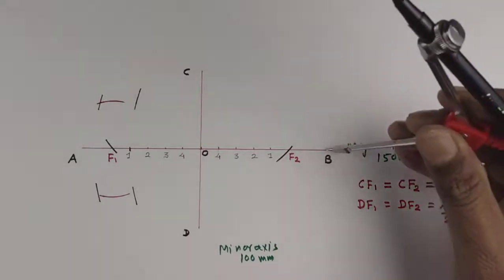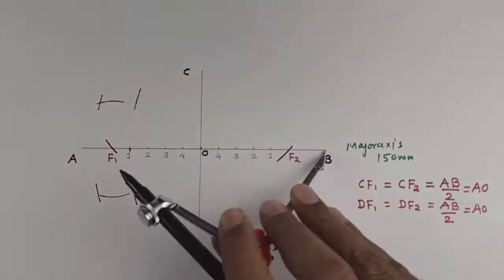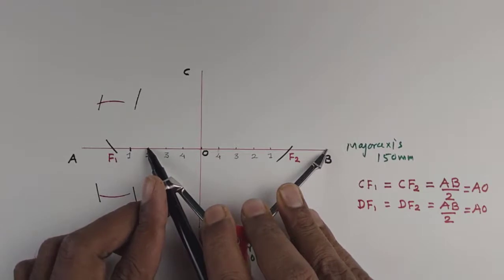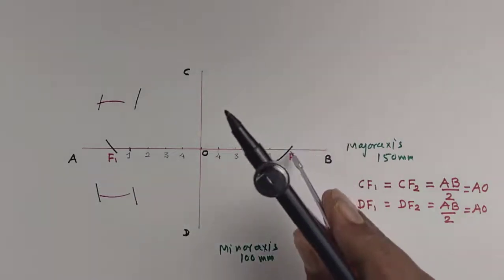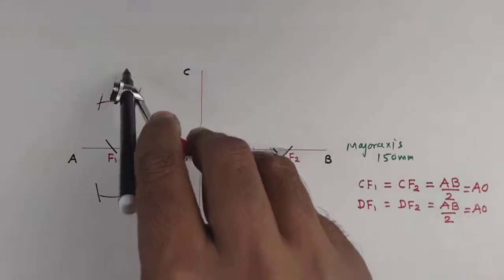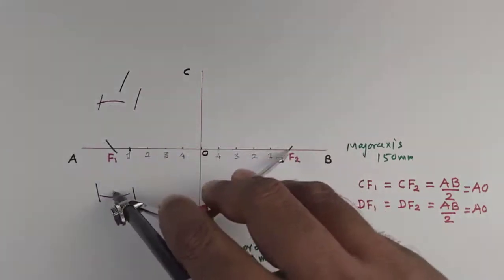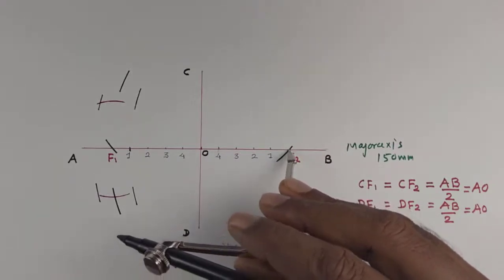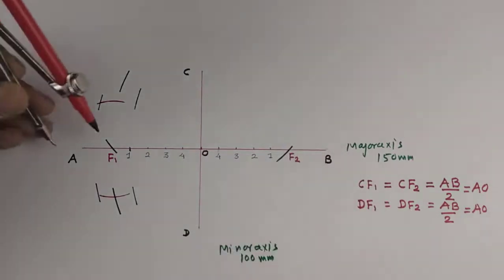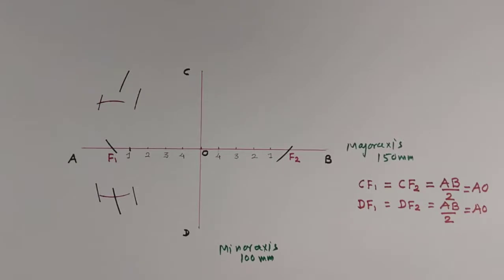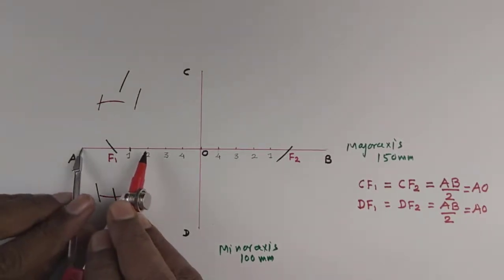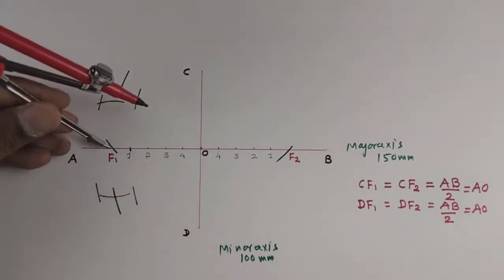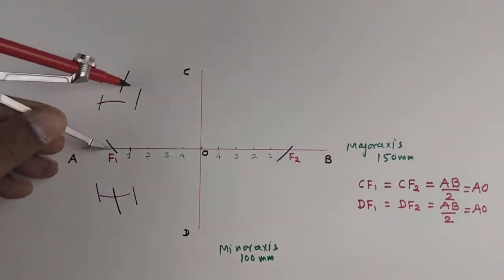Similarly, B2 point, center F2, you can draw the arc. Similarly, you can take the distance A2 point, center F1, you can draw the arc.